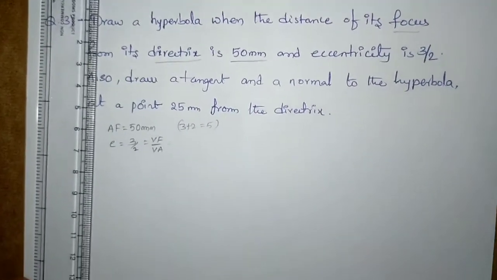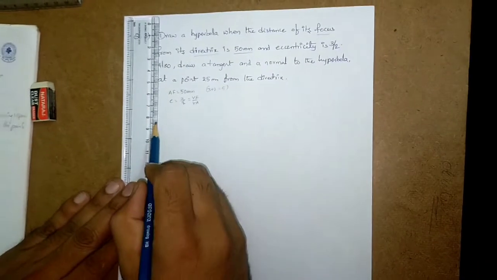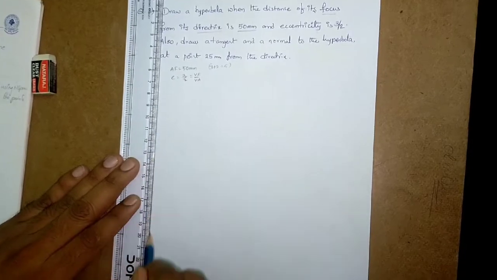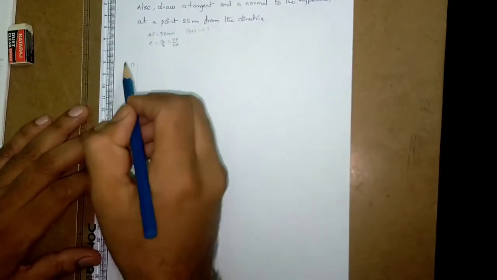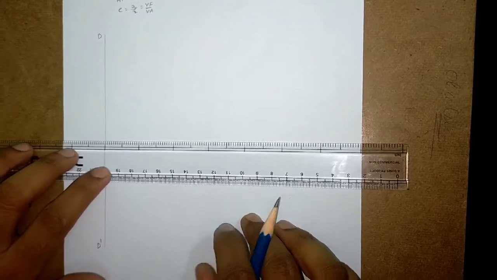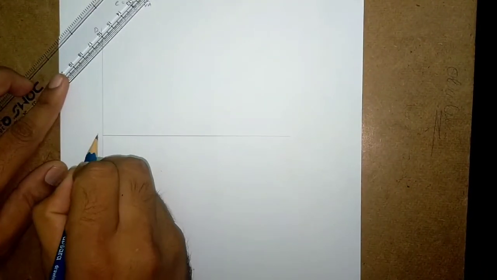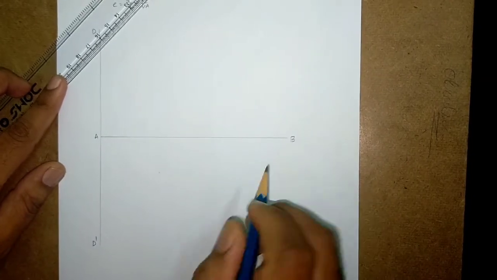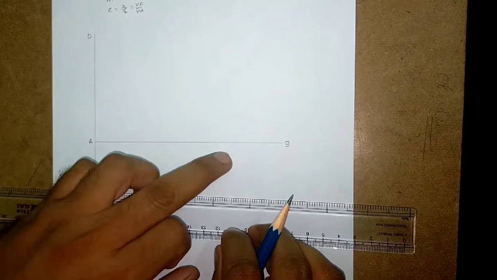How is it constructed? First of all, draw a vertical line and name it D dash. Now draw a perpendicular to the directrix at A, and name it AB.